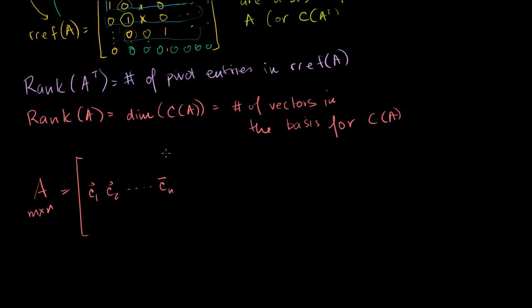We have n columns right there. The column space is essentially the subspace that's spanned by each of these column vectors. So the column space of A is equal to the span of C1, C2, all the way to Cn. That's the definition of it.